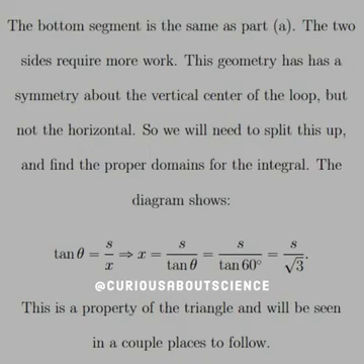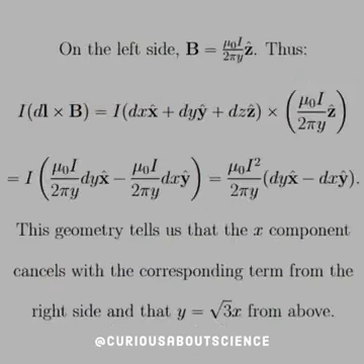So we'll need to split this up and find the proper domains for the integral that we just had in the last part. And the diagram shows that tangent of theta is equal to s over x. Solving for x leads us with this. You will see this again in a couple spots. But that's important so we know where to integrate from, to and from, with respect to the x direction.